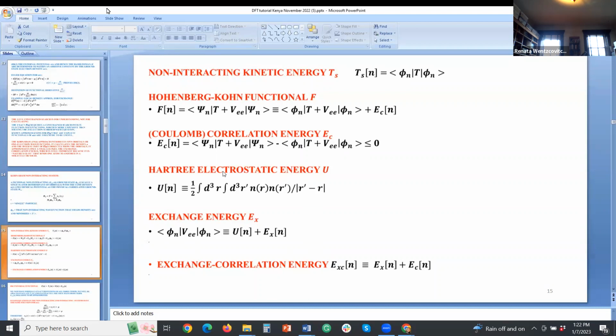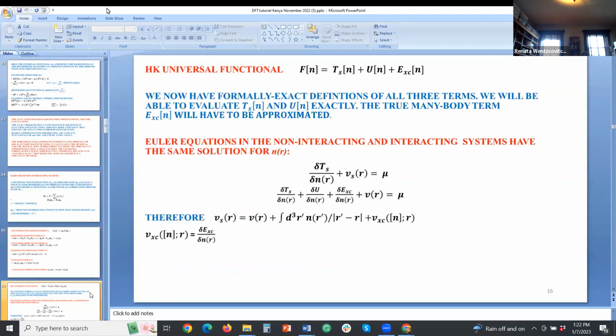In fact, one can show that the exchange energy is always negative as well. And finally, we'll define the exchange correlation energy as the sum of the exchange energy and the correlation energy. Then we have everything we need to write out the Hohenberg-Kohn universal functional F of n as a sum of three terms.